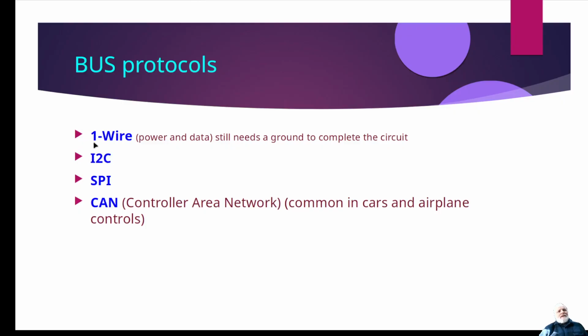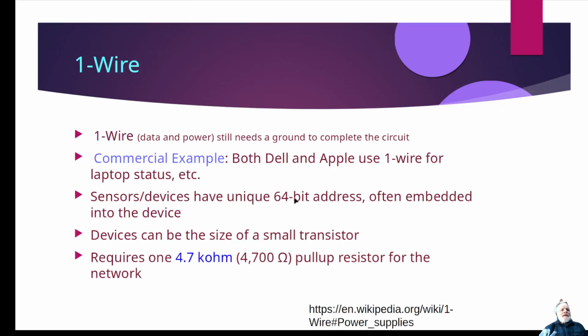These are bus protocols that allow us to send data. There's also a very simple one called OneWire, which basically says that the power and data are on one wire. You still need a ground wire to complete the circuit. So OneWire is kind of cool. It's a digital communication bus, and you can buy lots of different devices that use this.